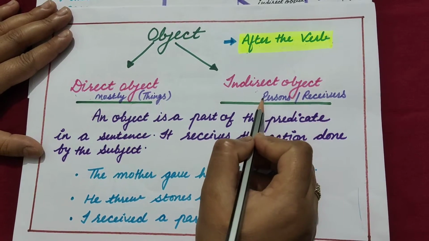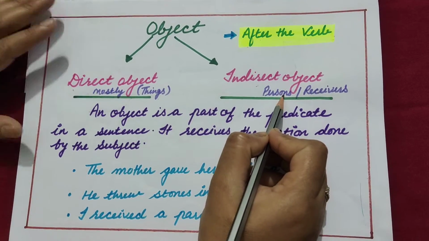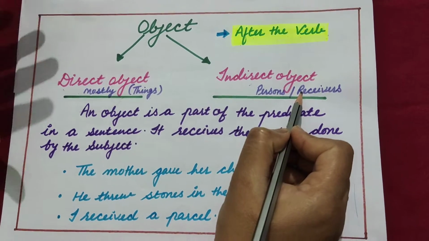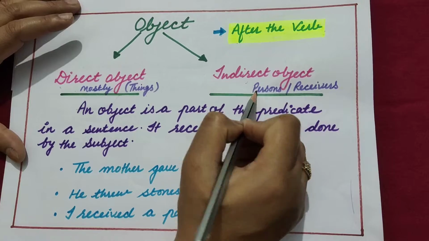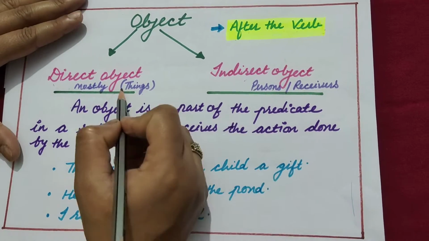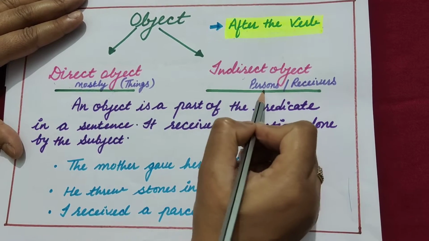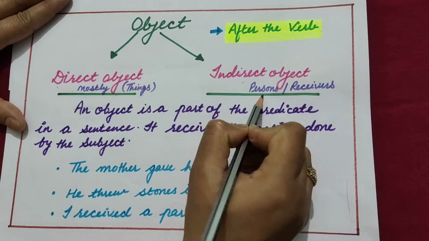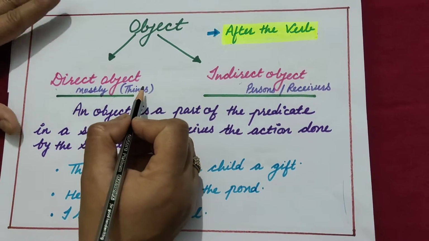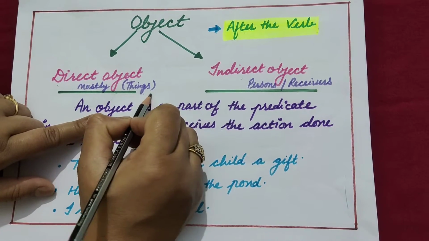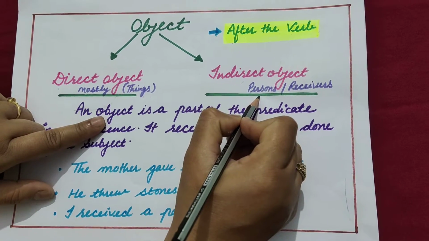And indirect objects are the persons, or you can remember them as the receivers. But for your standard it's okay, like this: things and persons. For 7th and 8th standard you can remember it with these two: things and persons. So, direct objects are the things, indirect objects are the persons.